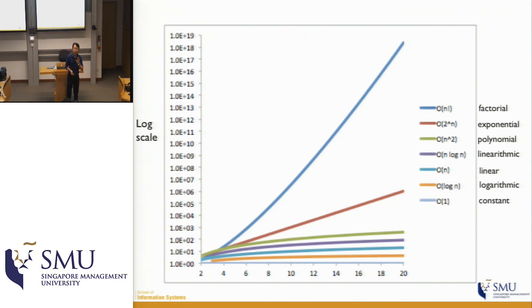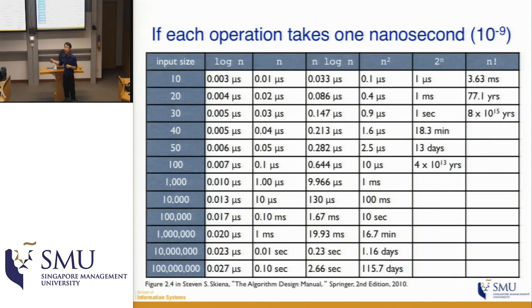Now, if you see this in a different way, if you look at this table, if you have an algorithm that is exponential, which is 2 to the power of n, or factorial, which is n factorial, then the problem sizes that you can do are very, very small. To some extent, we are drawing a boundary here.